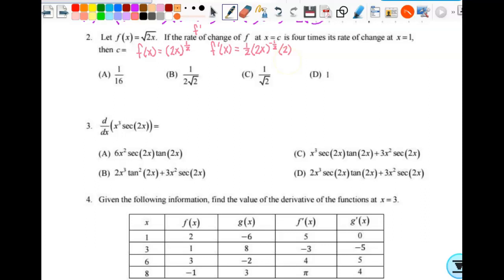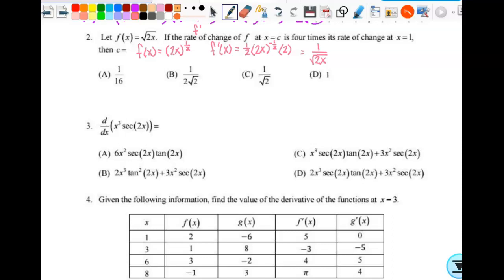So the 2 and the 1/2 cancel out, and I get 1 over the square root of 2x. Or (2x) to the 1/2 power, but we're about to actually use it, so I think that makes a little bit more sense.